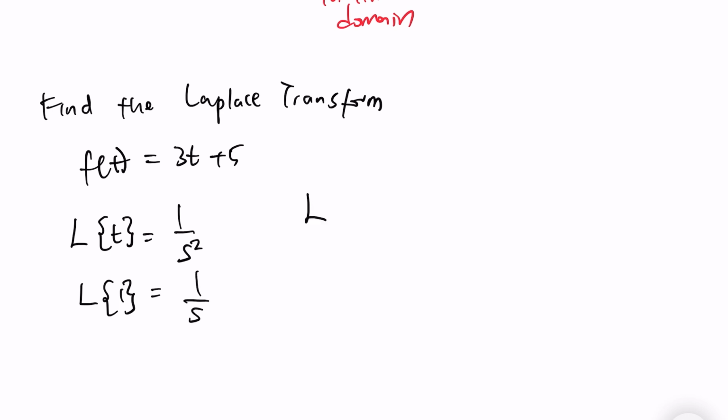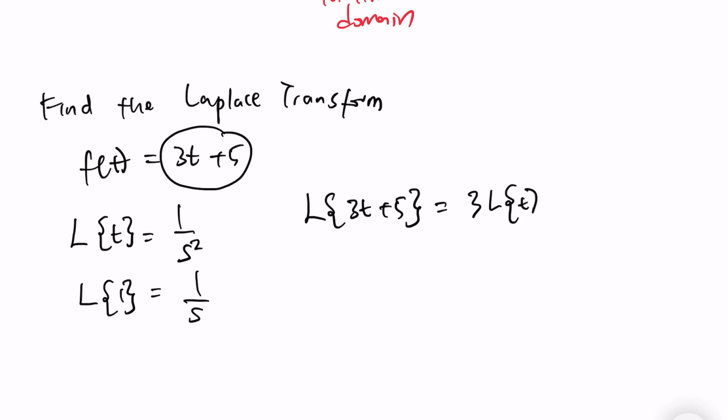So the Laplace transform of this function 3t plus 5 is actually equal to, you can put the constant outside, 3 times the Laplace transform of t, and then plus 5 outside the Laplace transform of 1.